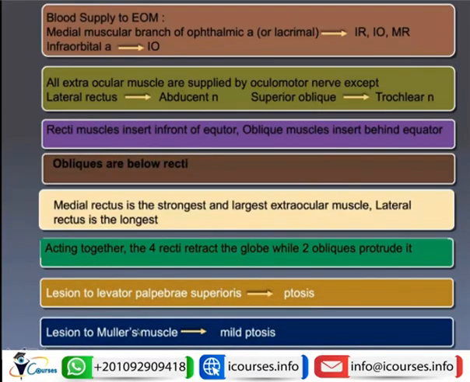But if there is a lesion only to the Müller muscle, which is a sympathetically innervated muscle arising from the levator palpebrae superioris, this will lead to only mild ptosis, because the action of the Müller muscle is just elevation of the eyelid by 2 millimeters. So it is a sympathetically innervated muscle that causes mild elevation of the upper eyelid. If it is damaged, this will lead to mild ptosis, and this is what occurs in Horner syndrome.